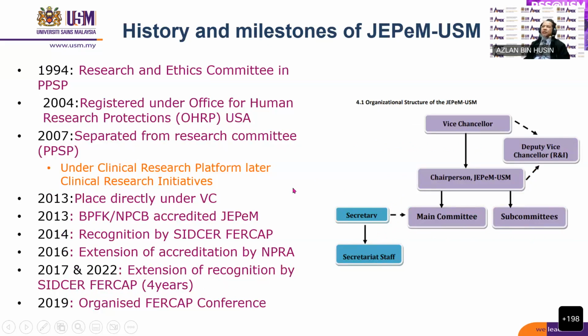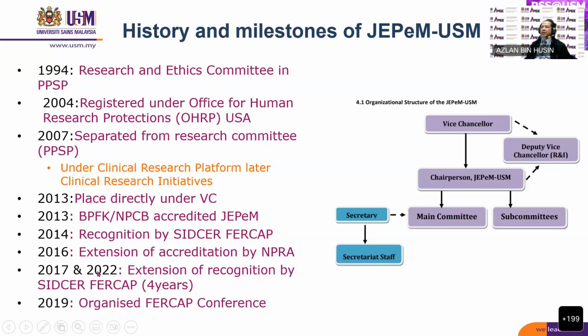So this is a brief milestone for JEPeM, just to highlight that, of course, it initially started with the medical school about 30 years ago, and then the university embarked on expanding the research component in the medical field. So we got registered and endorsed by the Office for Human Research Protection, and we extended further to expand the function beyond the school, and it was placed under a Vice Chancellor of USM.